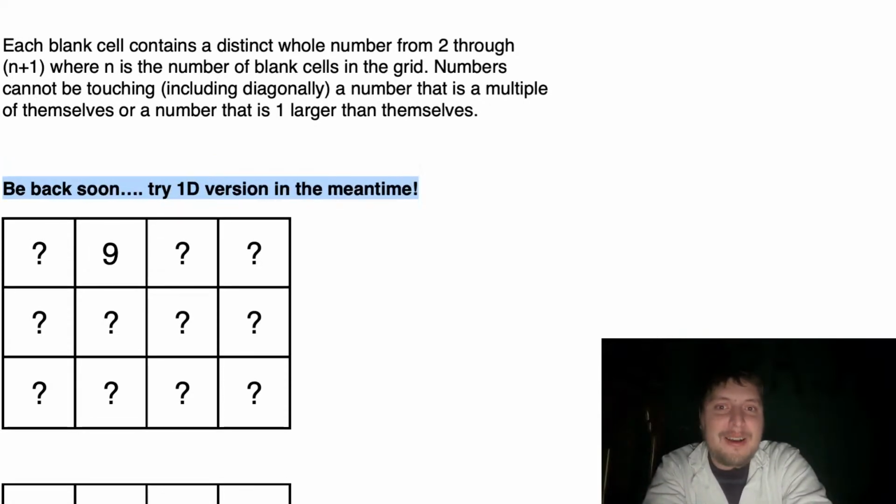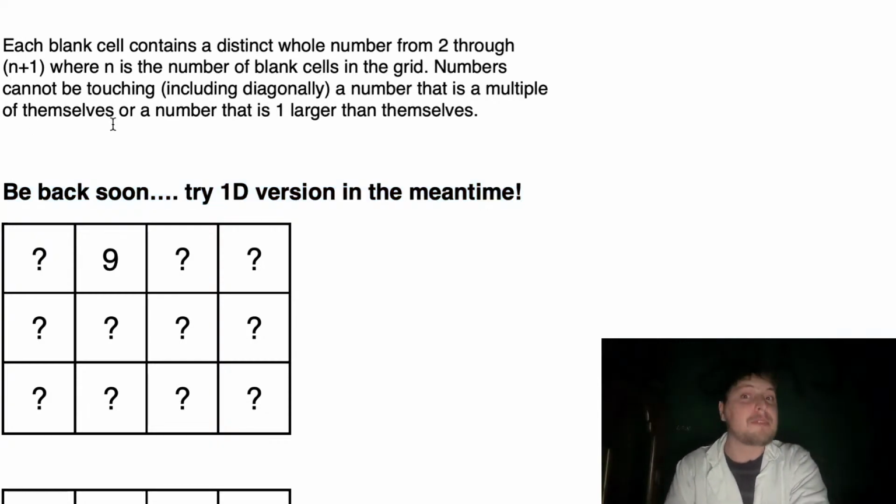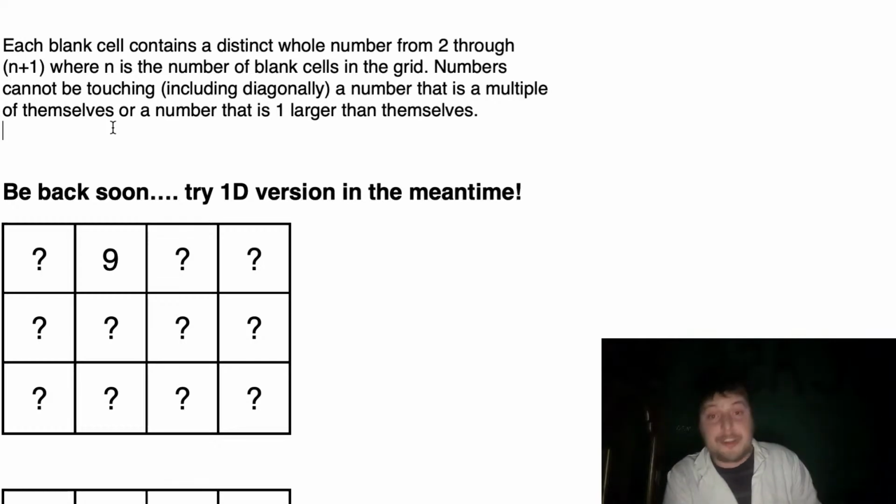But first, feel free to leave it in the comments if you figure out the minimum size that a 1 by something works. The smallest n for a 1 by n. Remember that the numbers that show up go from 2 through 1 larger than that n. Now, that's the reason why we start at 2.